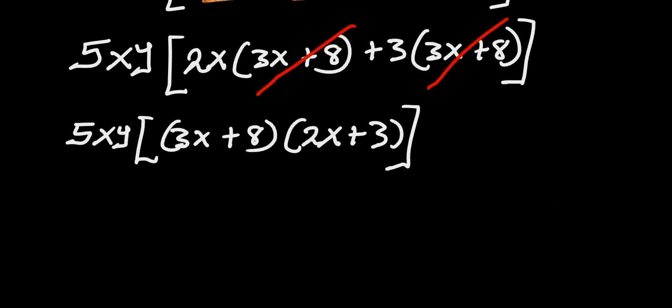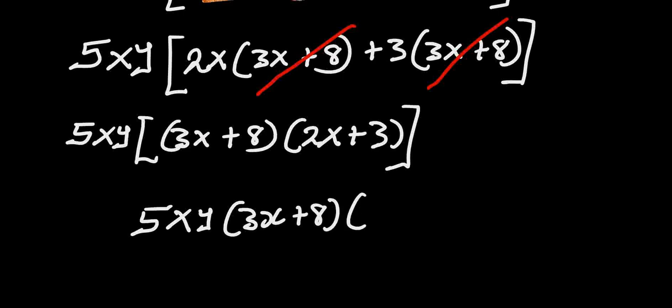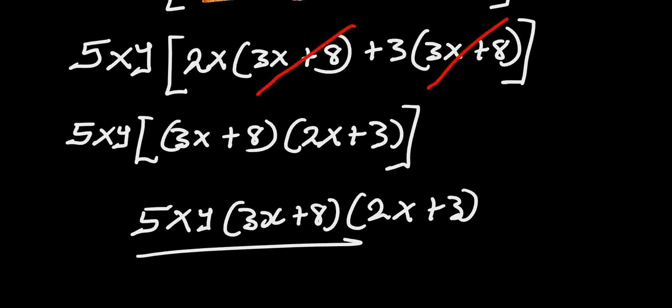So at this point, we can now clear the block bracket, and that will give us 5xy, parentheses 3x plus 8, 2x plus 3. So this is the answer to this question, and I hope it makes some sense. All right, let's go on to the next question.